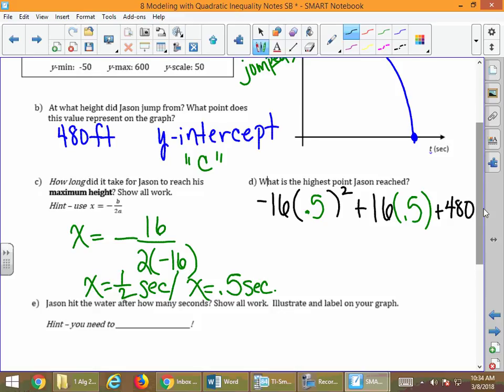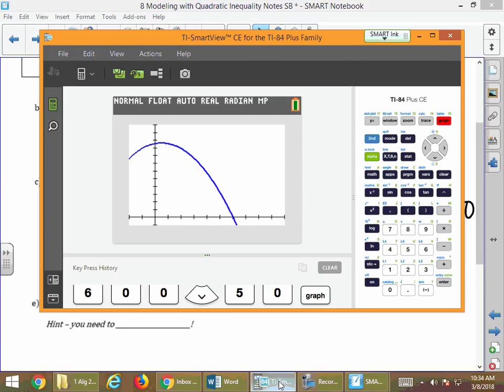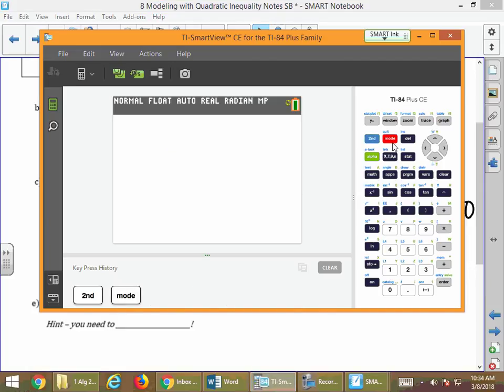And I'd like to show you the store button again. If we go back to our calculator, to get out of the screen, remember we can hit second and the mode button. That means to quit.